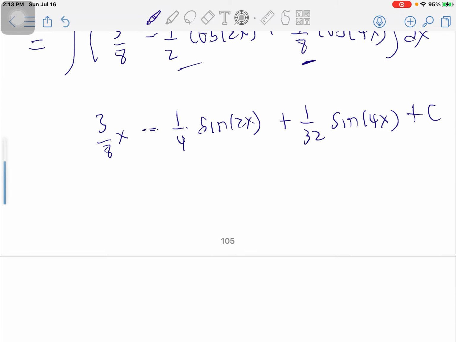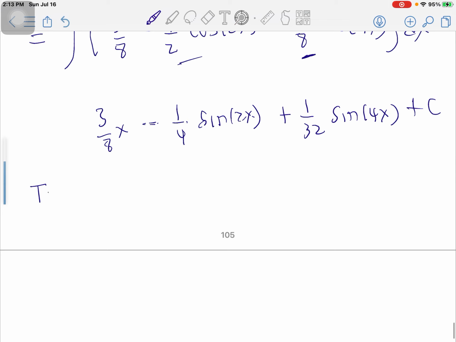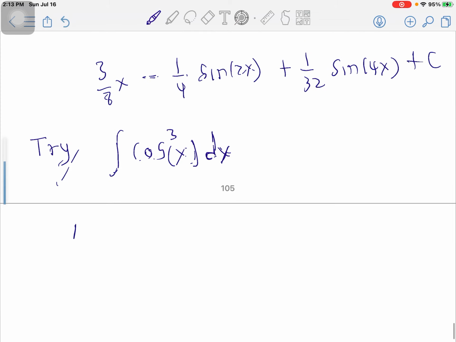Before I end the video for this second example, I would like to give you a trial question. The trial question is: evaluate the integral of cos power 3 of x dx. Please solve it before you check your answer.